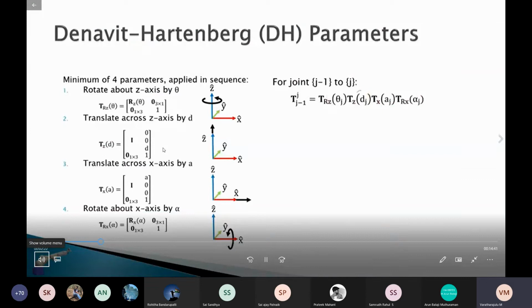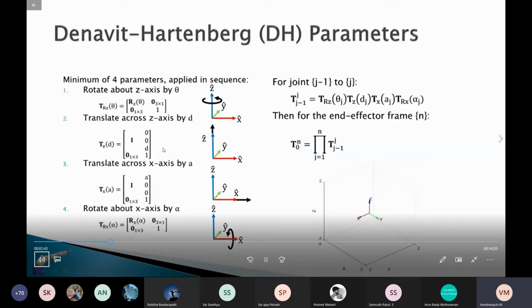And therefore, to get the forward kinematics from frame 0 to frame n, we just multiply all of these together. So we have j-1 to j for every joint j up to n joints, and we multiply all of these together.